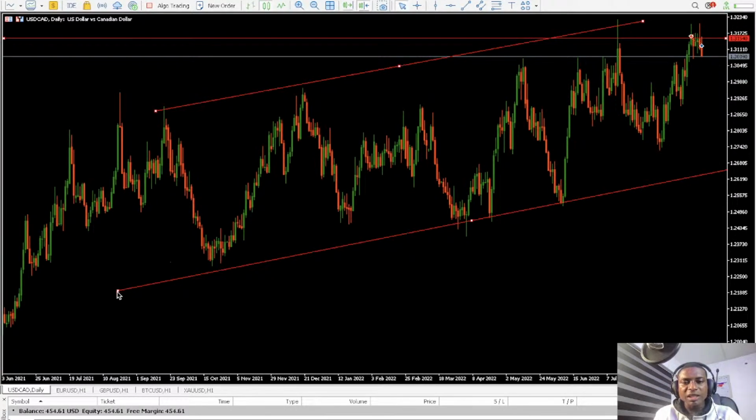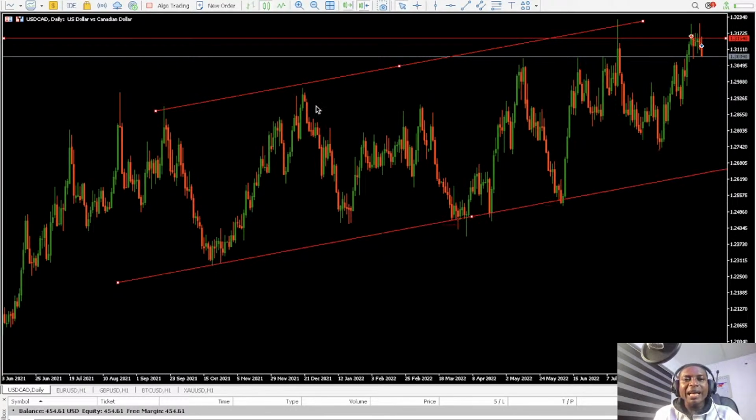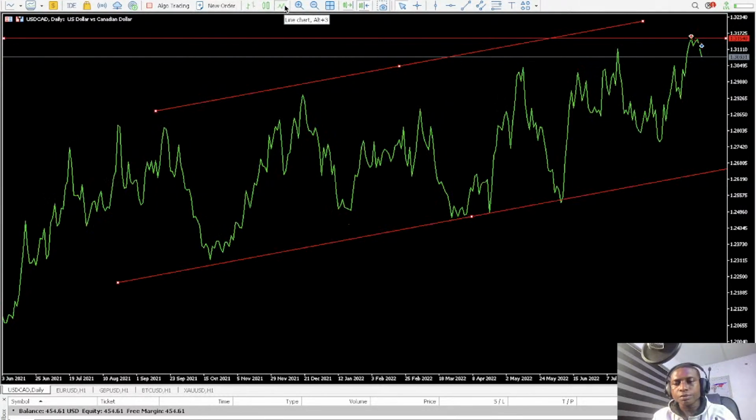And as we can see, like I said earlier, when you want to map out a good level of trend line, you might want to change your chart from a candlestick chart to a line chart, which is what I'm going to do quickly here.